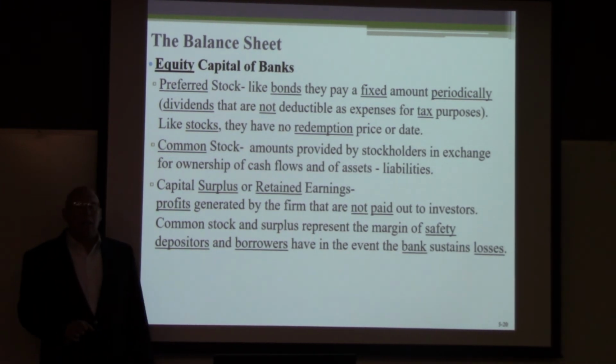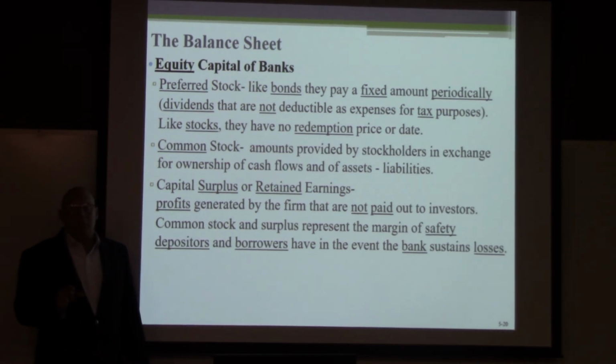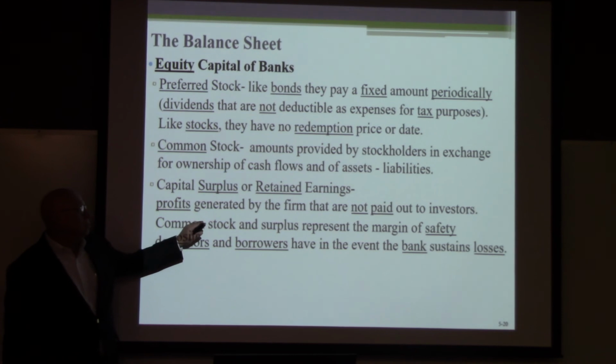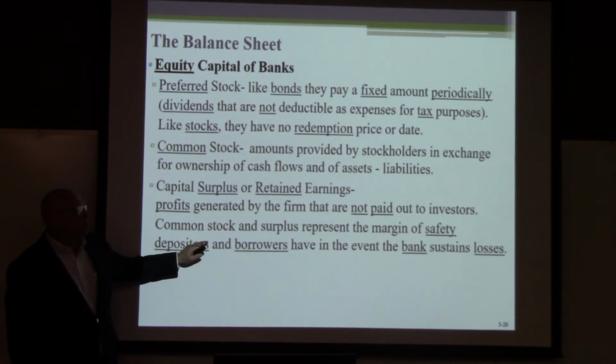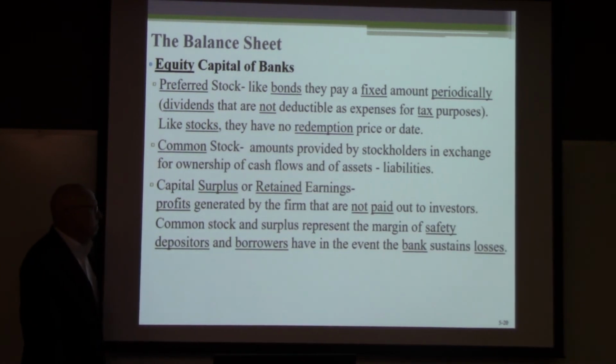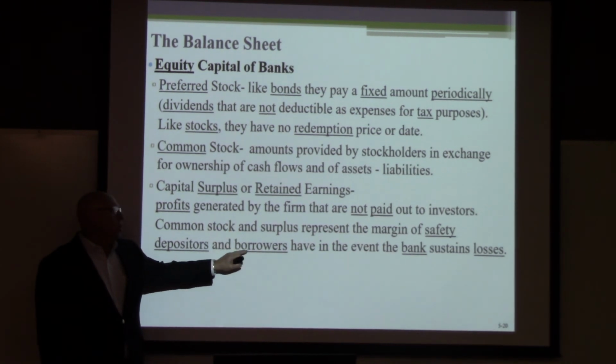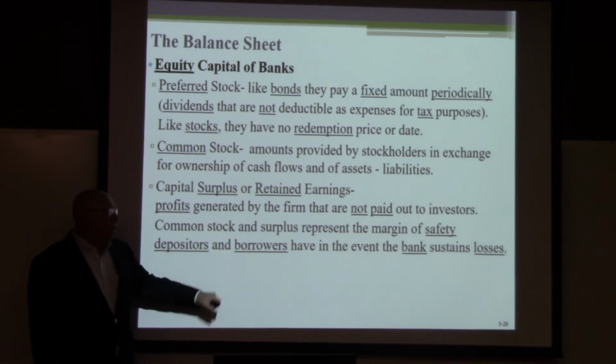Banks are highly leveraged, which means they have a lot of liabilities compared to their assets. And so they don't have quite as much of a margin of safety, and this is why banks are so highly regulated. Okay? A small write-down in assets can wipe out their equity.